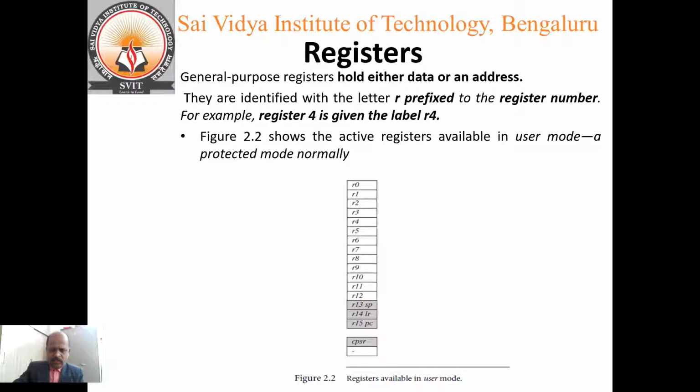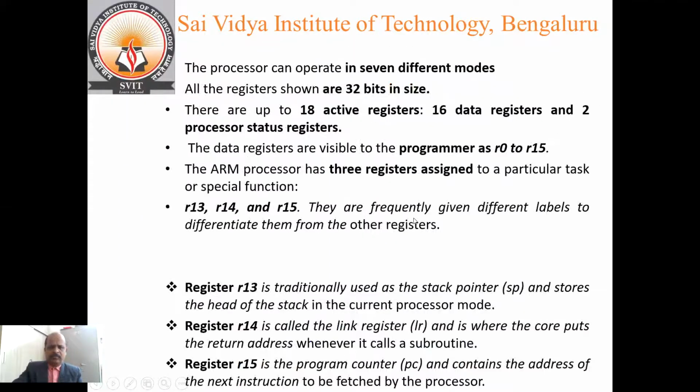So there are totally 15 general purpose registers and one dedicated register called the CPSR. The processor can operate in 7 different modes.